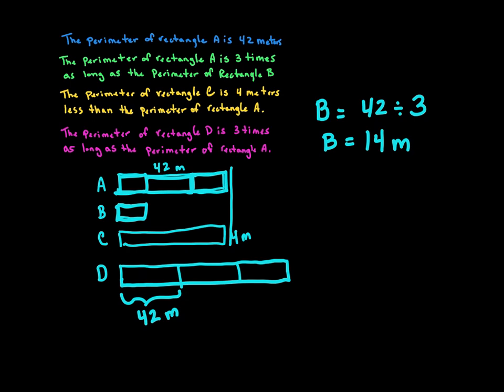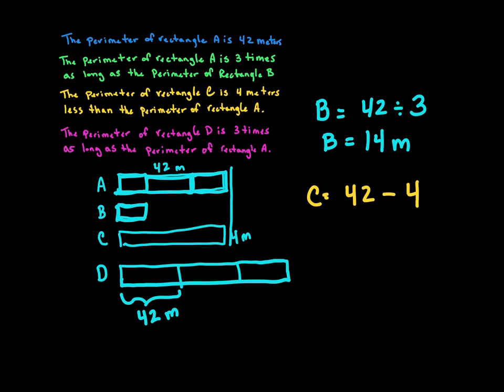So that's B. Now we got to do rectangle C. Now C says it's 4 meters less than rectangle A. So less, we know that we're going to be subtracting. So we have 42 meters, that's what A is, and rectangle C is 4 meters less.